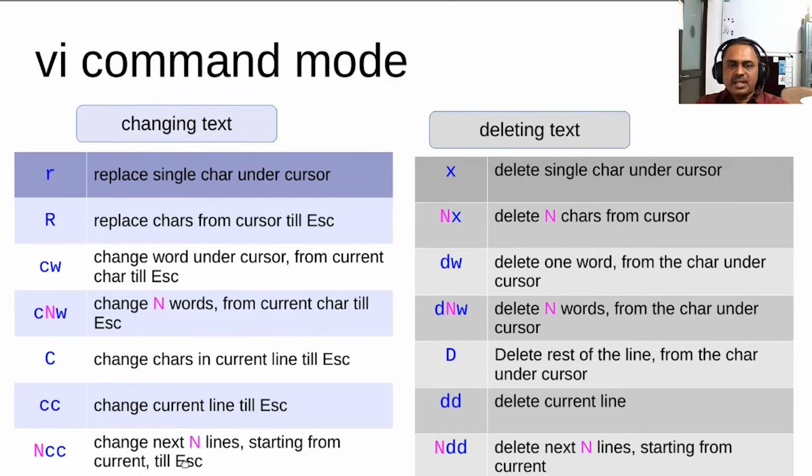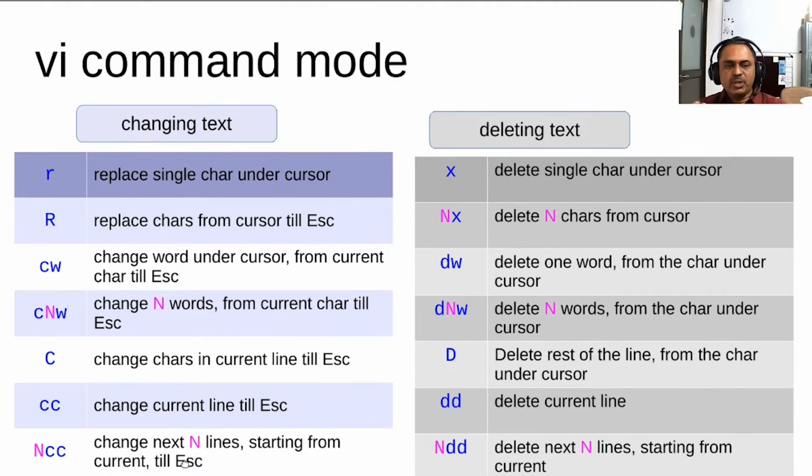And there are some commands, like how to replace a single character under the cursor using r, and then capital R would replace indefinitely until you press escape, and how to change a word. So you can use cw to change the word, and you can keep typing the new word until you press escape. If you want, you can change multiple words by using cnw, where n is the number.